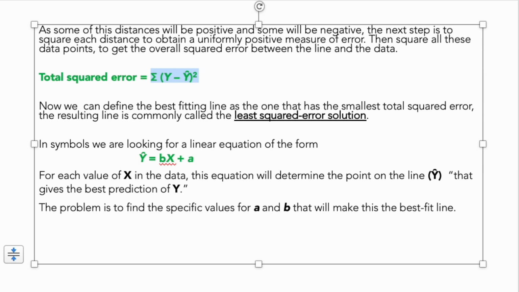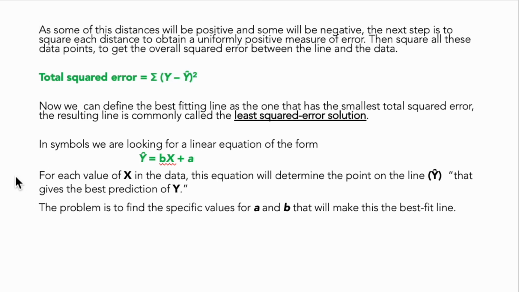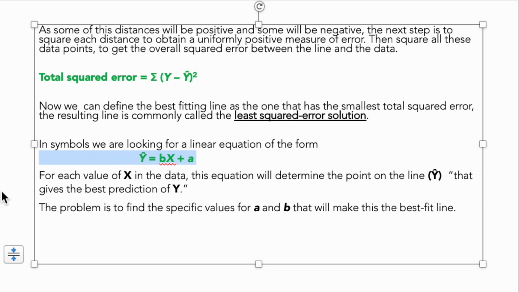Because of that, to generate the values for your y hat, the values you need to generate your best fit line, you need to use this equation y hat equals bx plus a. So for each value of x in the data, the equation will determine the point on the line, that's the y hat, which gives the best prediction of y when x changes. What exactly the score for y is going to be can be predicted using this particular equation.